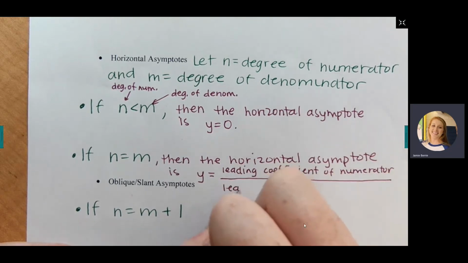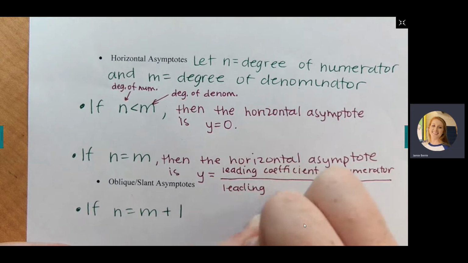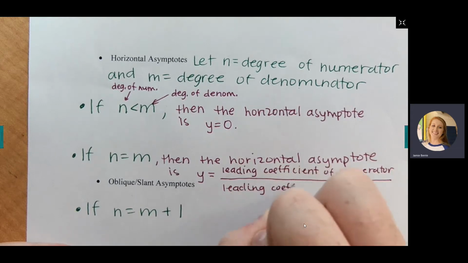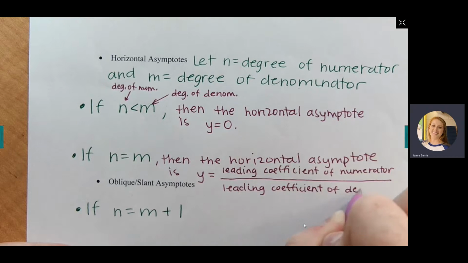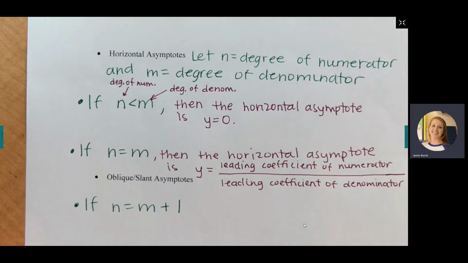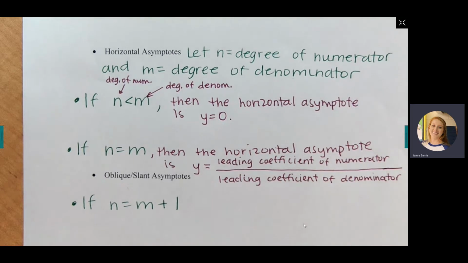Now that looks complicated, but this is super easy to find as long as your polynomials are in descending order. And as far as I know, I looked over the homework earlier and everything looked like it was given to you in descending order, so it should be super easy on this one.